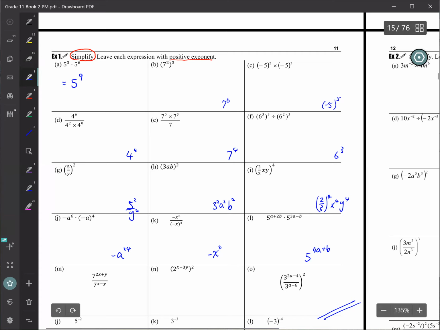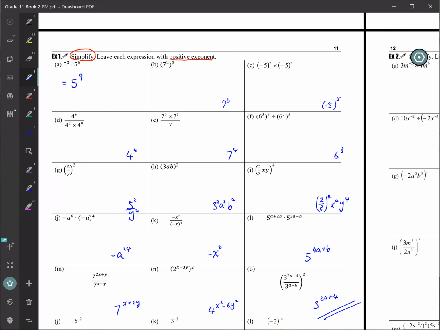Okay. And then Amanda, the last one. 3 to the power of 2a plus 4. Okay. Back to you, Waylon. I got 7 to the x plus 2y. Like this? Yeah. Okay.